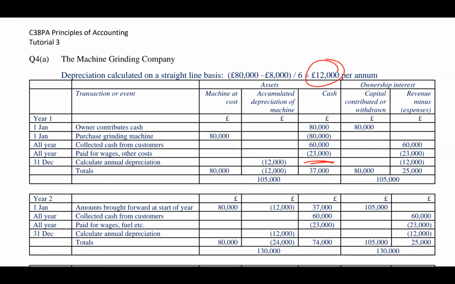In the cash flow, we add the depreciation back to the profit because it does not indicate the flow of cash. Depreciation is just some notional cost, not really the actual cost. So that's why here we have not recorded this transaction under the cash, because depreciation is not really money. We just keep it in mind, but we believe that it exists.